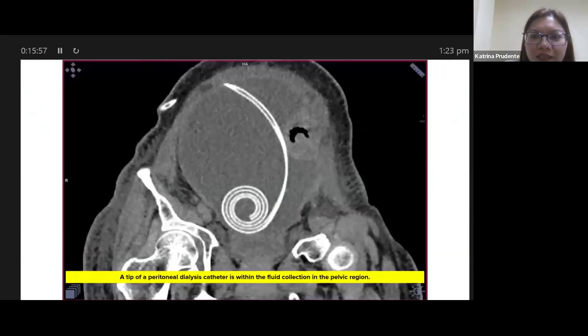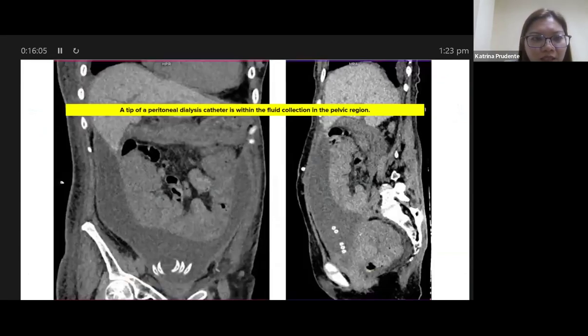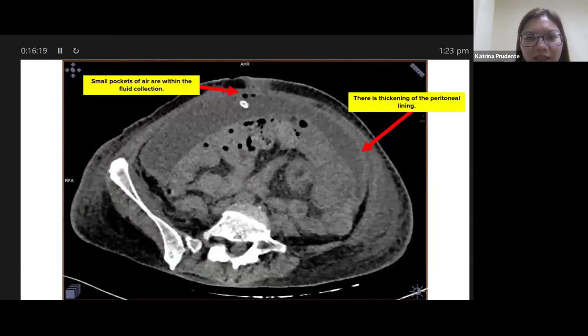So I will be showing the CT scan for this patient. This is showing the dialysis catheter tip within the fluid collection in the pelvic region. This is just the coronal and the sagittal views. Highlighted in red is the fluid collection and the site of the peritoneal catheter dialysate.